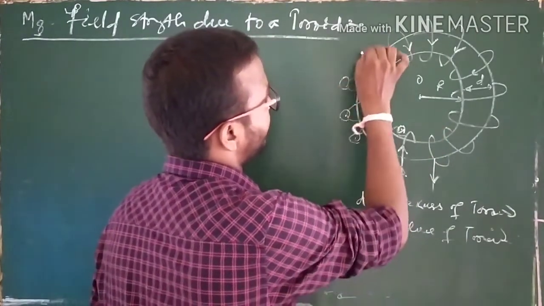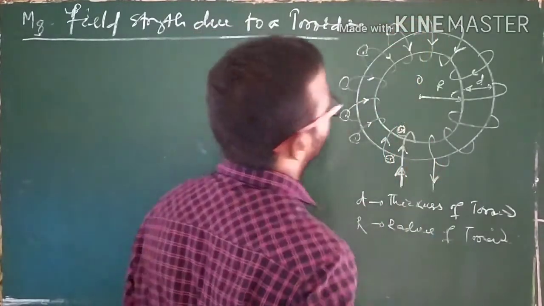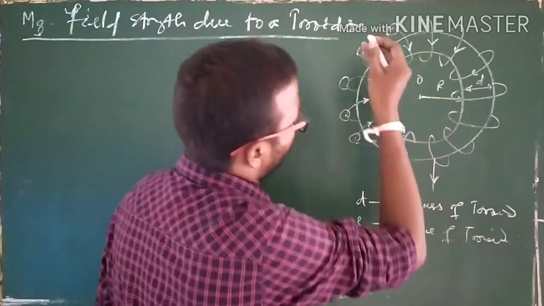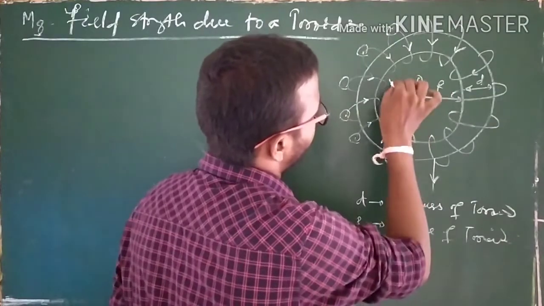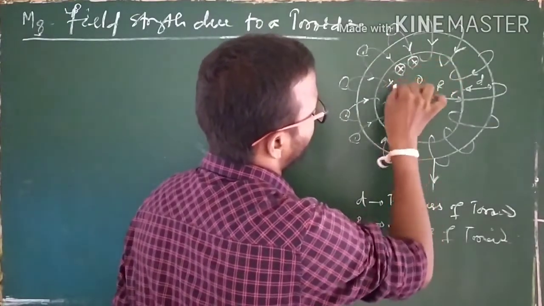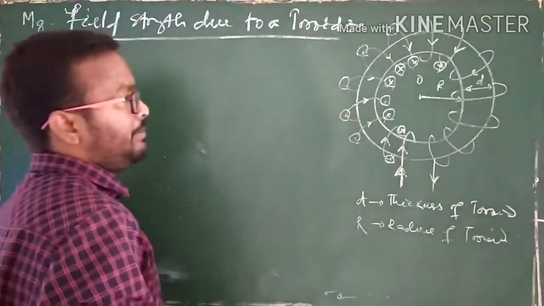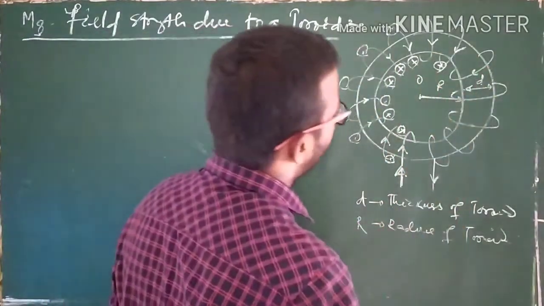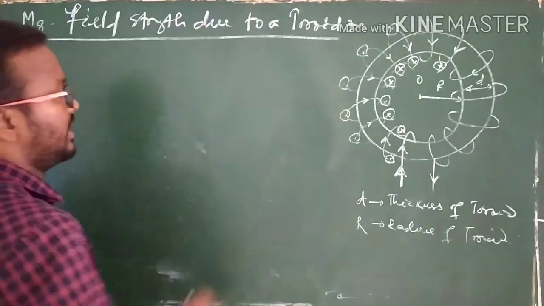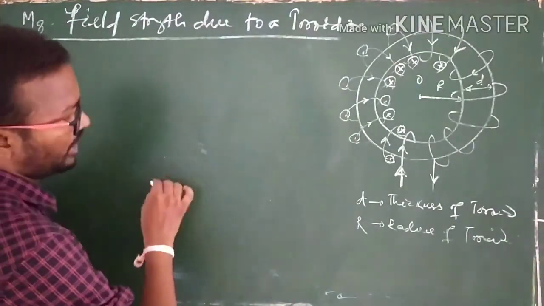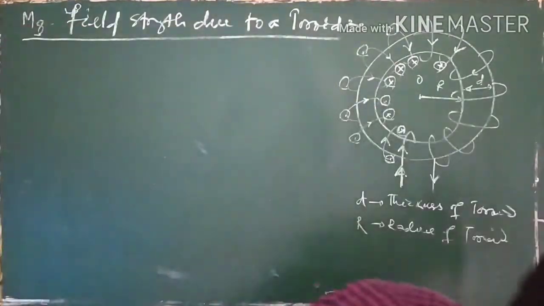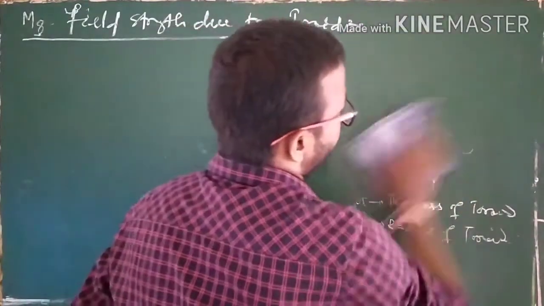The dot indicates that the current is in the outward direction, and the cross indicates that the current is in the inward direction. Clear? If we cut the toroid from its middle section, the diagram can be drawn like this.